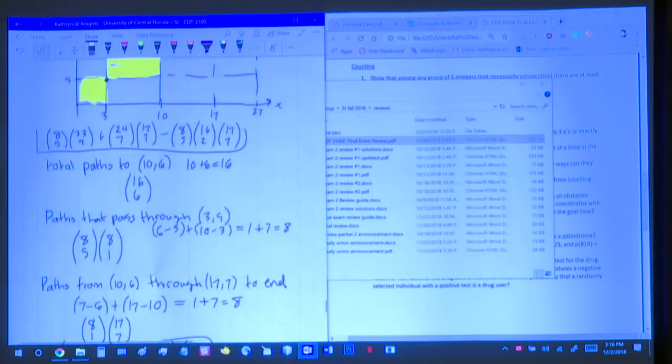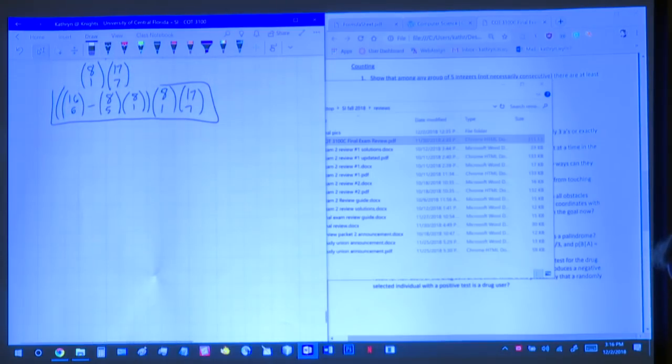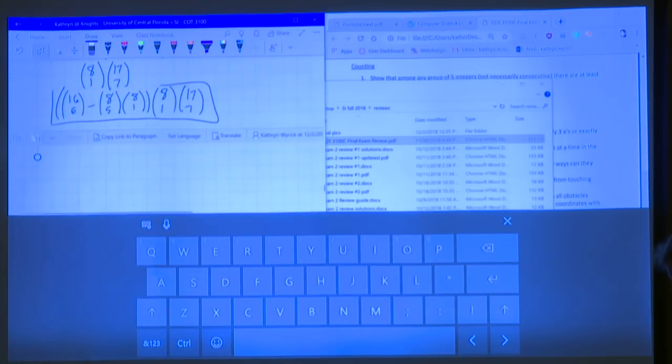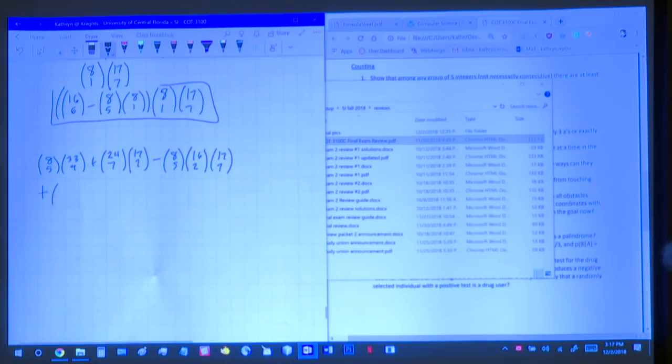So I'm going to copy and paste it. B. Paste. Plus 16 choose 6, minus 8, 5, 8, 1. And this would be our final answer for part C.